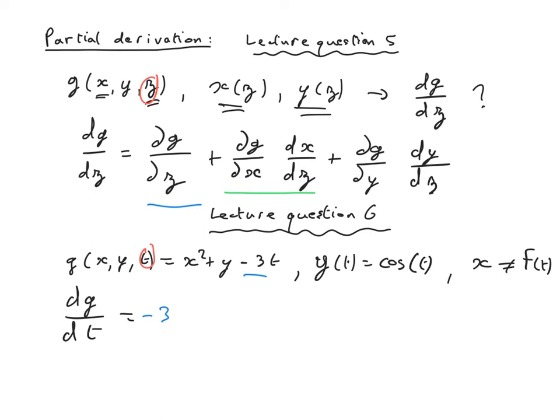So for the third term we have to calculate the partial derivative of g according to y. So that's only 1 in this case. And we multiply by the derivative of y according to time, which will be minus sine t.